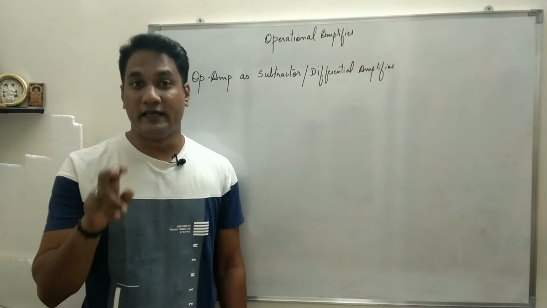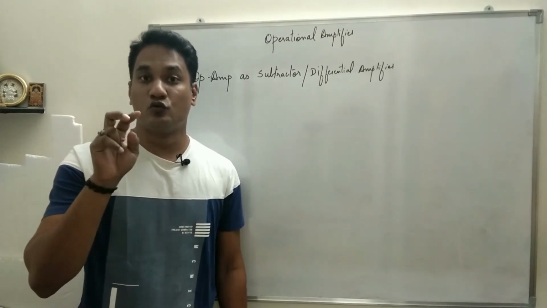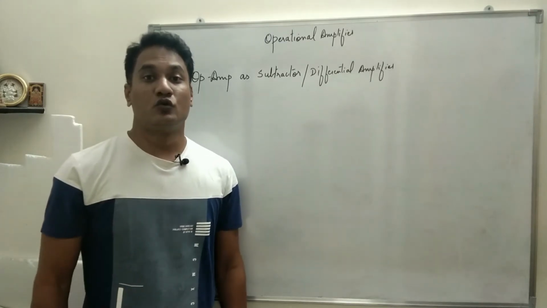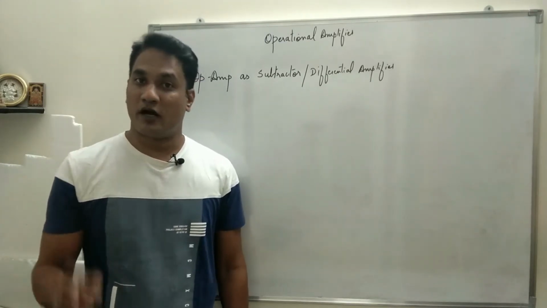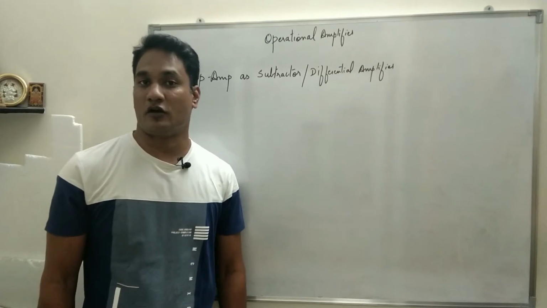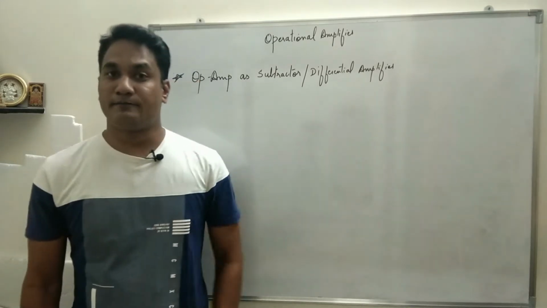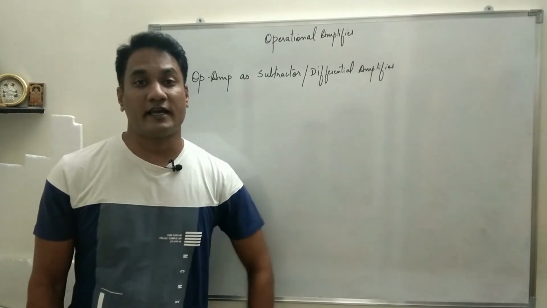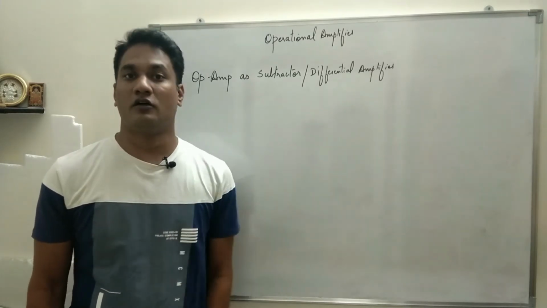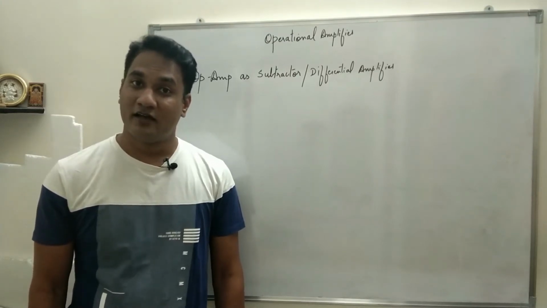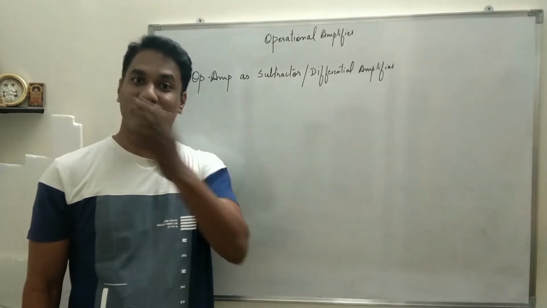Here we will give two inputs to two variables connected to two different inputs of op-amp. Of course, we know we have two inputs of an op-amp, inverting and non-inverting. And if you remember the block diagram of op-amp, the first block of the operational amplifier is a differential amplifier which amplifies the difference between the two input signals.